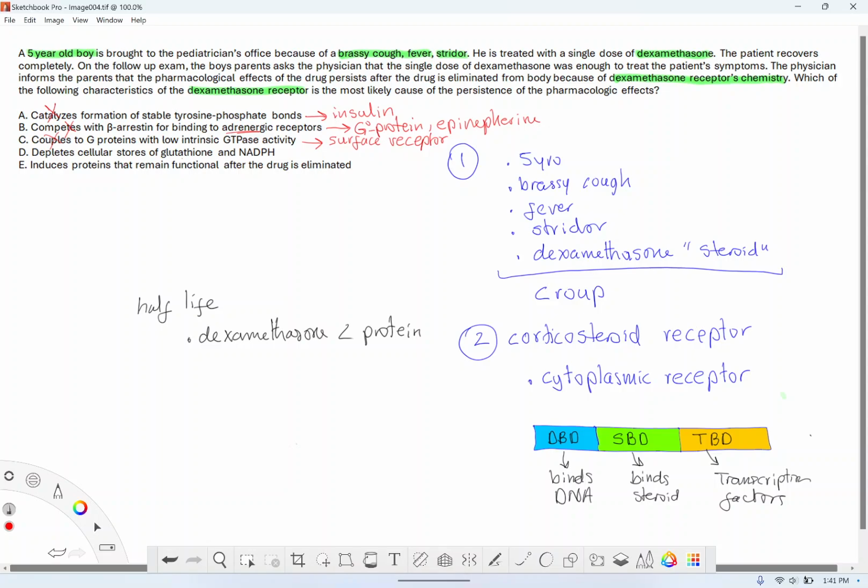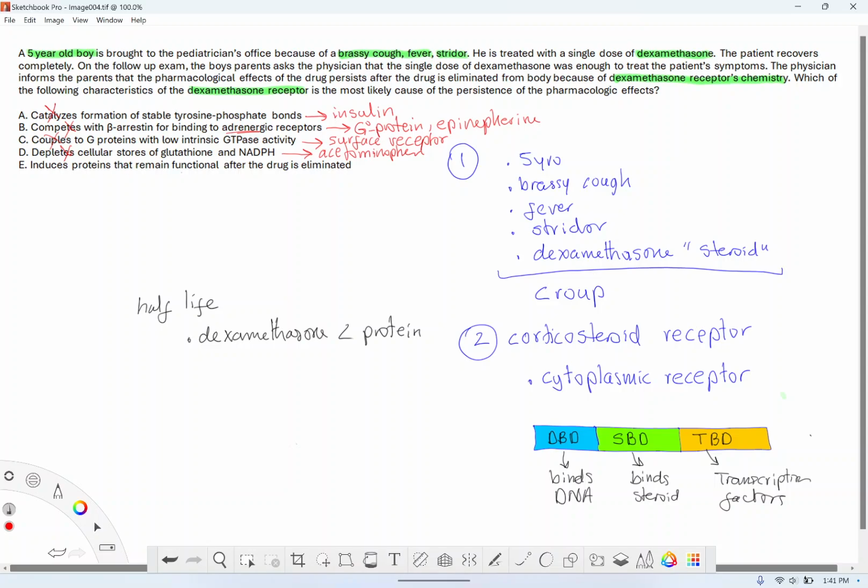Depletes cellular stores of glutathione and NADPH. Glutathione and NADPH are molecules that get rid of free radicals, and acetaminophen can deplete them and cause damage to the liver. So that's acetaminophen, not dexamethasone.